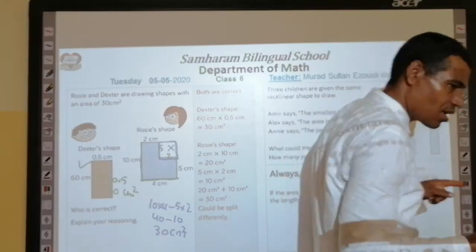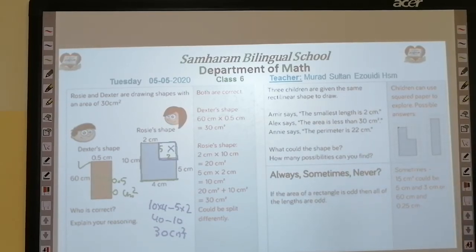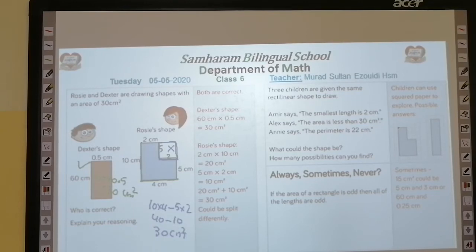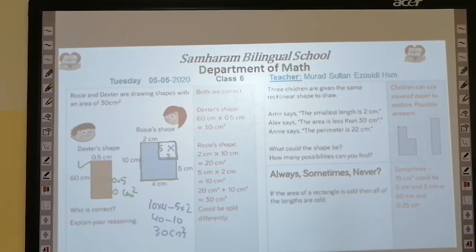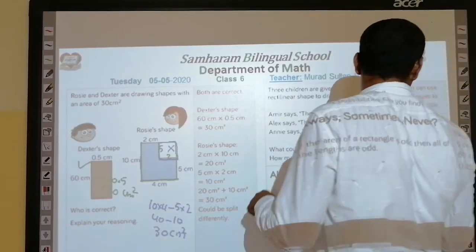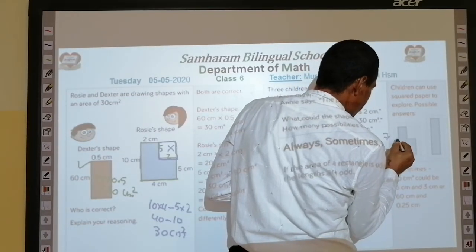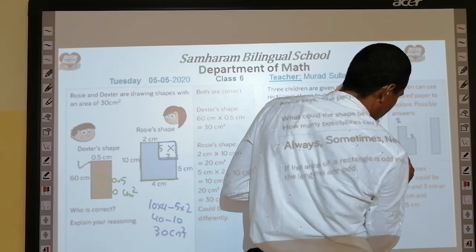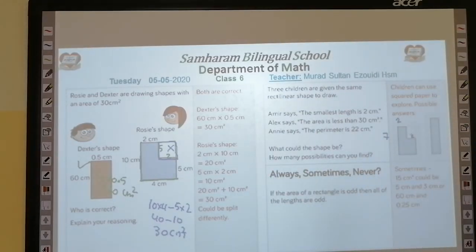This is 7 squares, and this is 2. Then we have 1, 2, 3, 4. This is 4 squares and this is 4 squares.